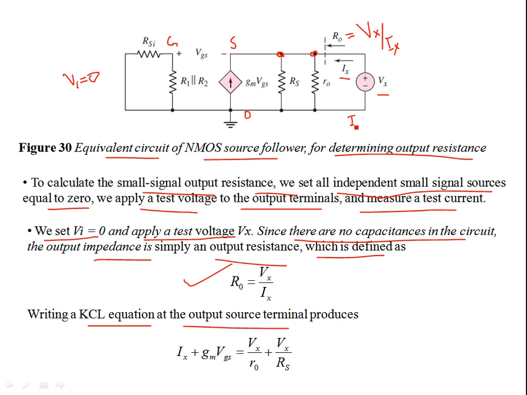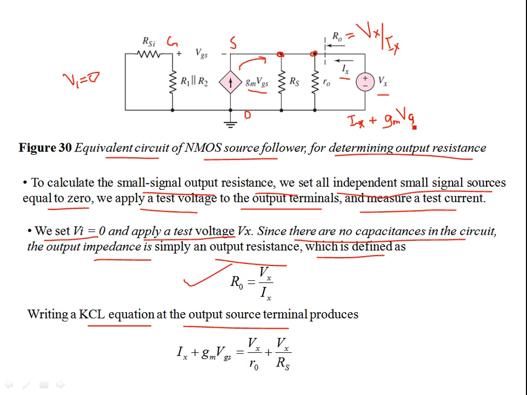This is the test current Ix, plus you have another current source, dependent on the voltage VGS. Looking at the direction of the current, this current also flows into that node. So you can write this as Ix plus gm VGS, considering the same direction. Both currents are coming inside the source node.